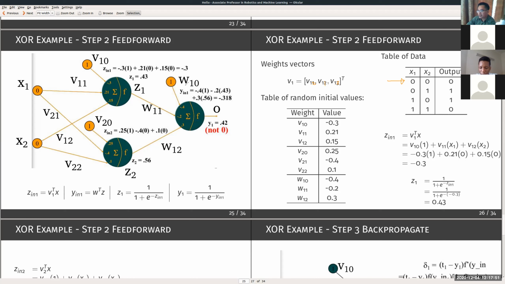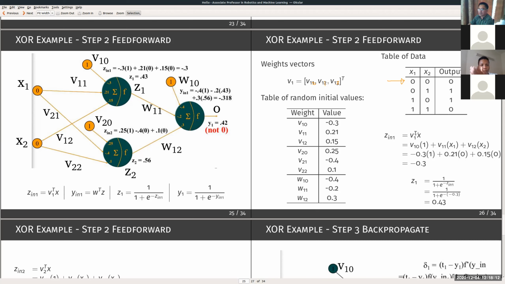Okay, all the weights here are initialized to these values. So how do we compute this? Now we compute the output Z1 because we are moving forward from the input. So what is Z1? To compute Z1, we first compute Zn1.